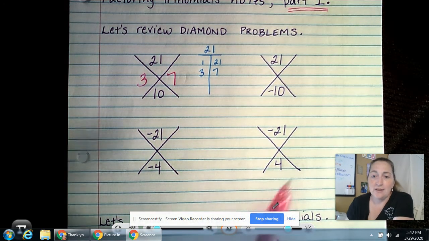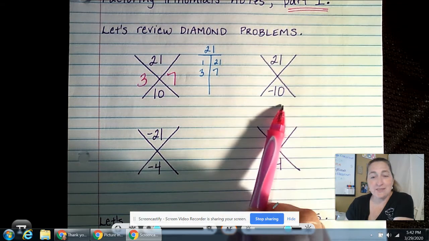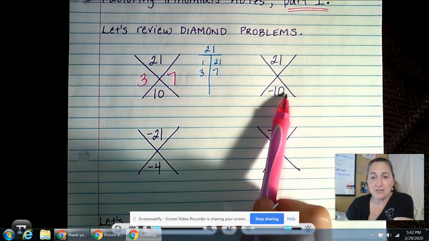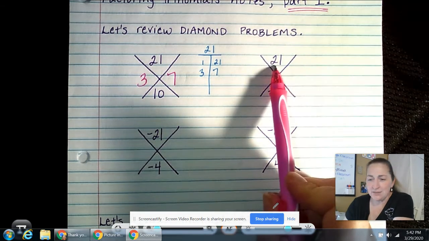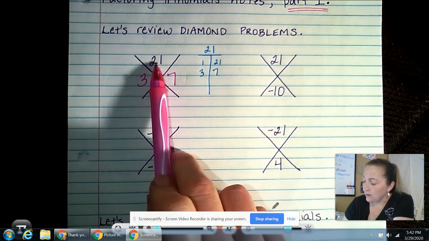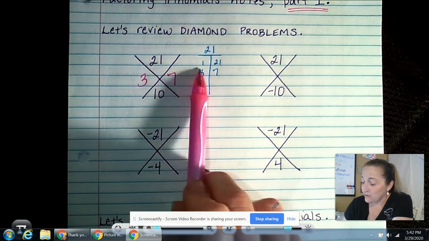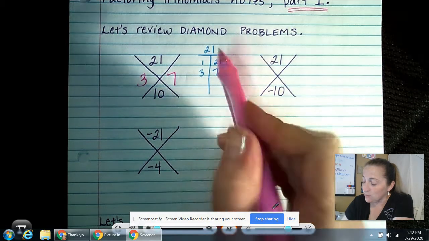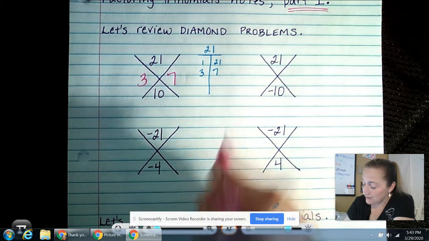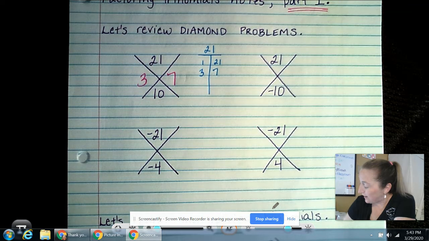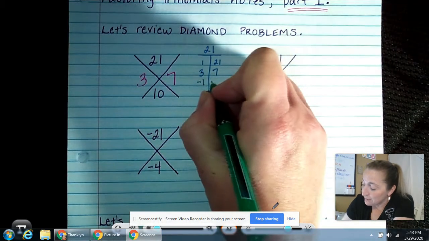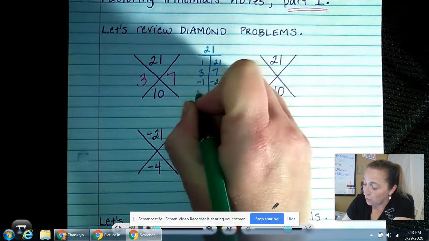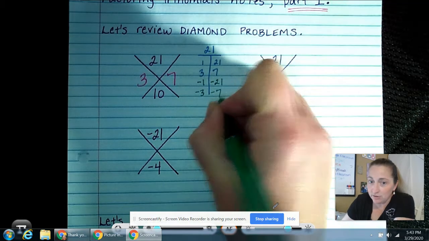Okay. Now, if we look over here to the right, this is a similar problem, but what you'll notice is that the bottom number, the sum, is negative. Okay, but the product is still positive. Well, there are other numbers we could multiply to get 21. Because we know that a negative times a negative is a positive. So we could also have, let's use green, negative 1 times negative 21, or negative 3 times negative 7.